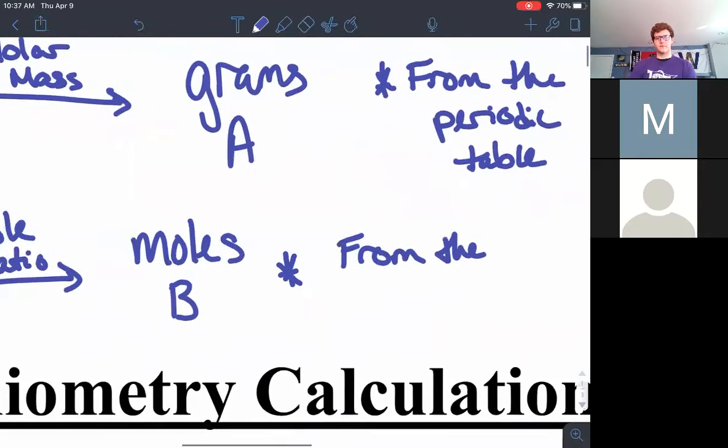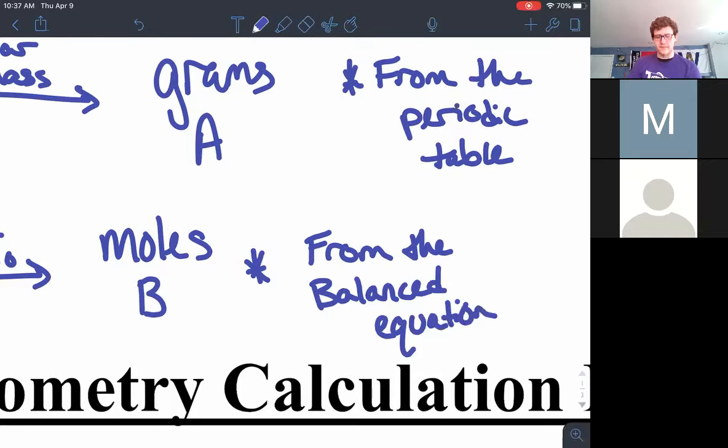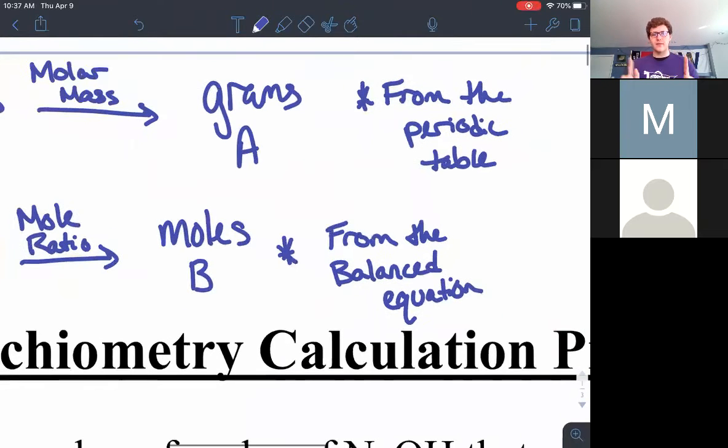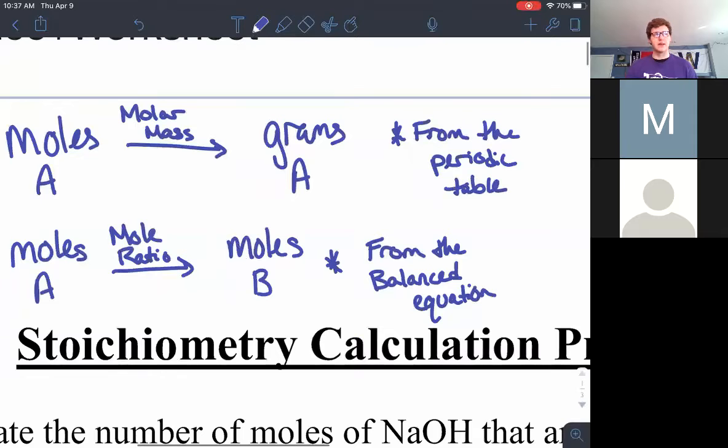The numbers from our balanced equation. Perfect. So now that we remember those 2 conversions, those are the only 2 conversions we're going to use the entire time. The only 2 things we have to know how to do is to go from moles to grams and to go from moles to moles.